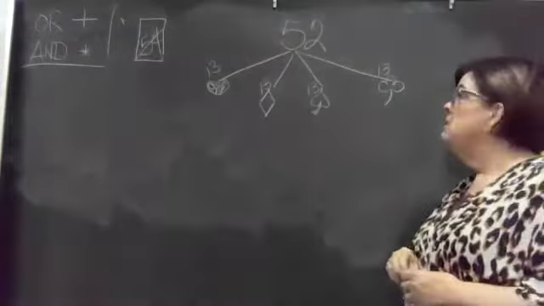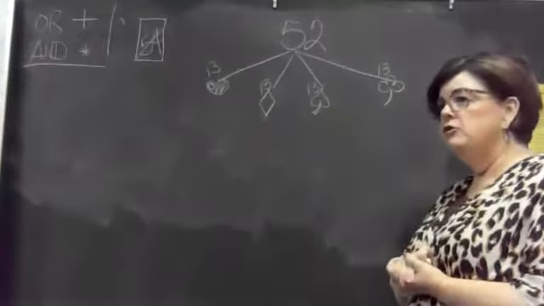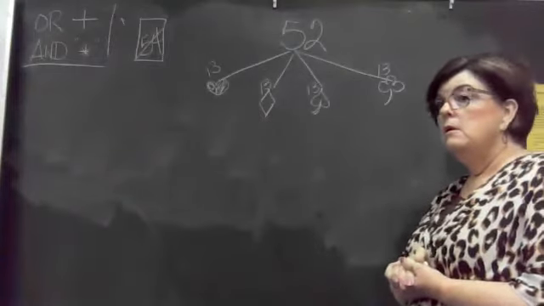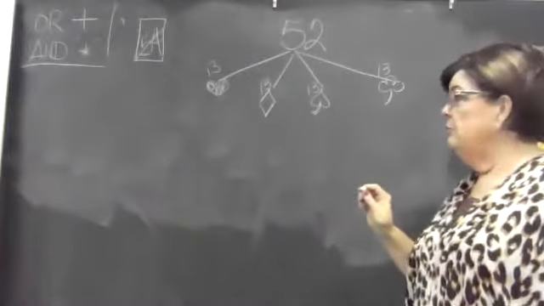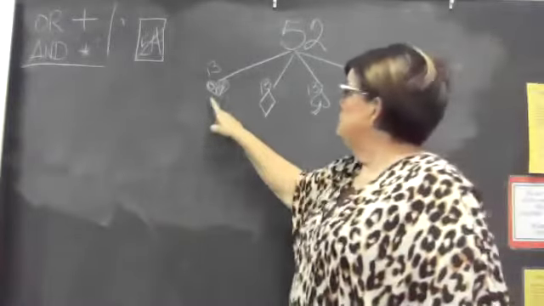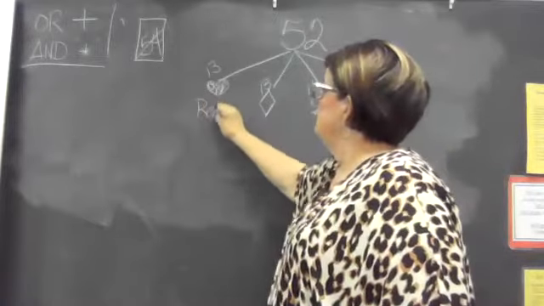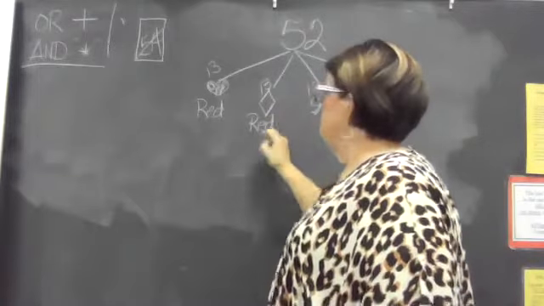Now, those 13 cards are the same in every suit. They just have different colors and they have different pictures on them. The one thing I want you to know right now, this is very important: the hearts and the diamonds are red cards. They'll talk to you about red, okay?